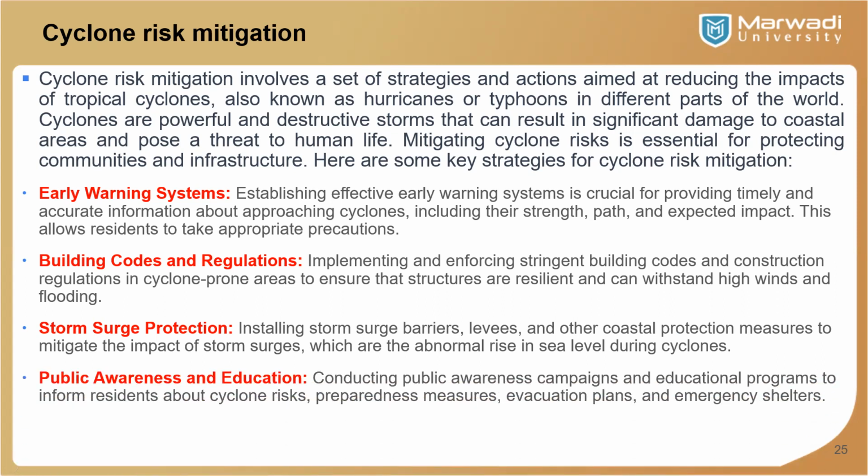Also, public awareness and education: conducting public awareness campaigns and educational programs to inform residents about cyclone risks, preparedness measures, evacuation plans, and the emergency shelters established by the local, state, or national administration.